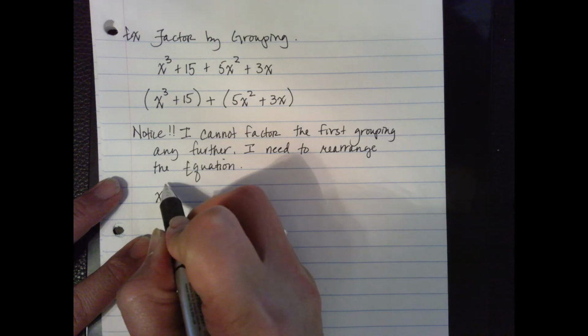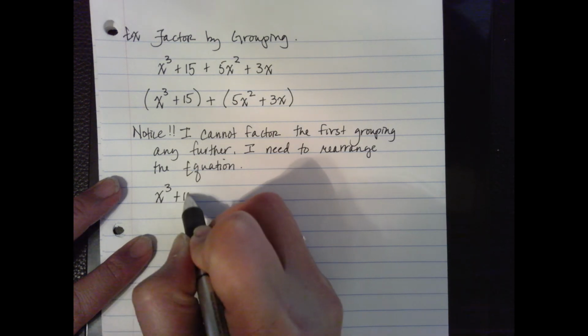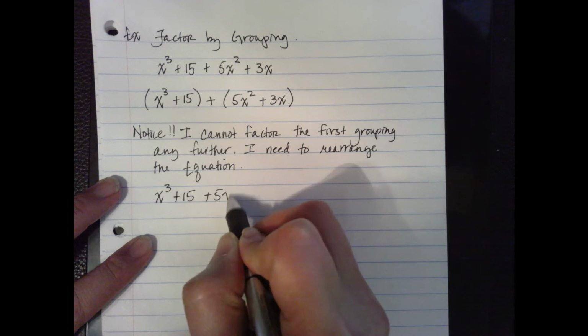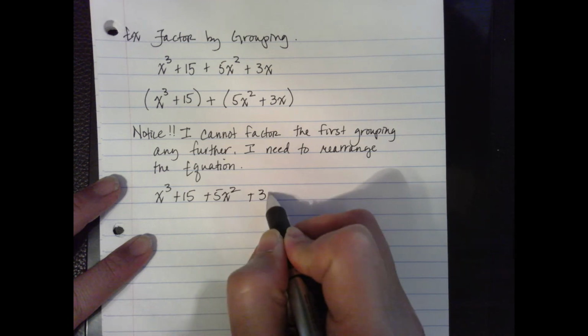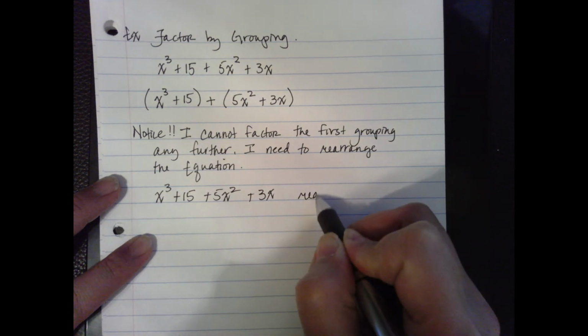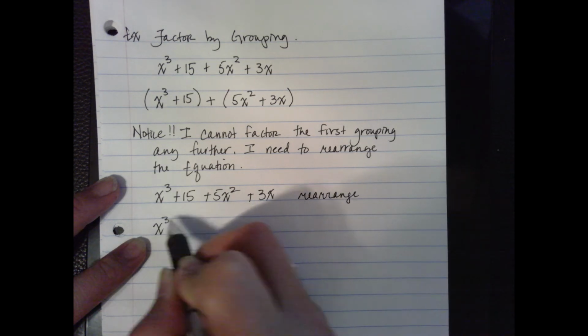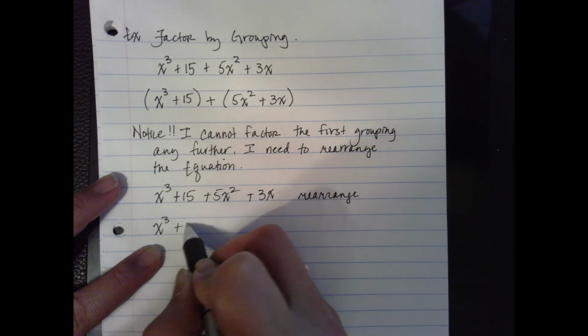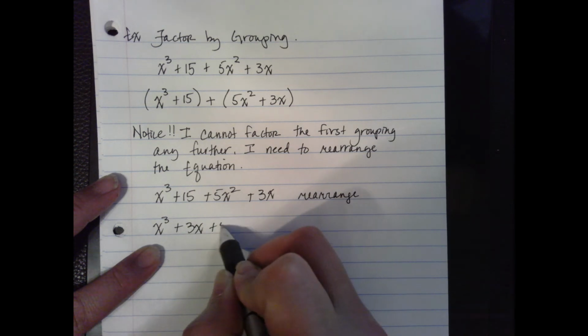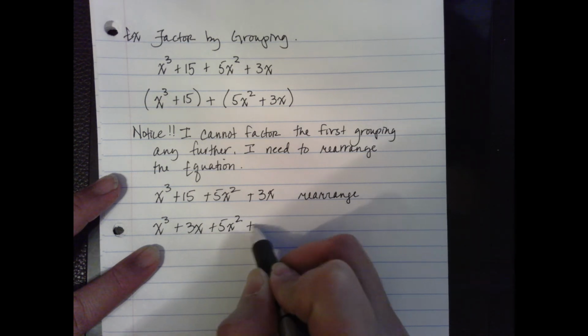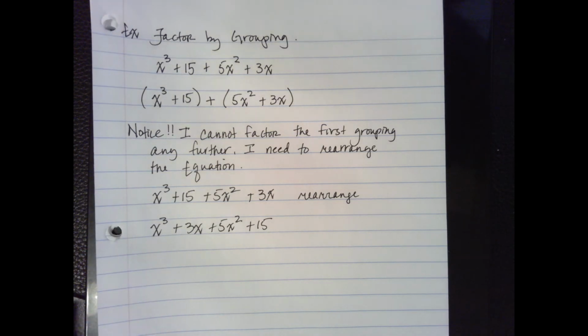So here I have x cubed plus 15 plus 5x squared plus 3x, and I want to rearrange. So I'm looking at x cubed plus 3x plus 5x squared plus 15.